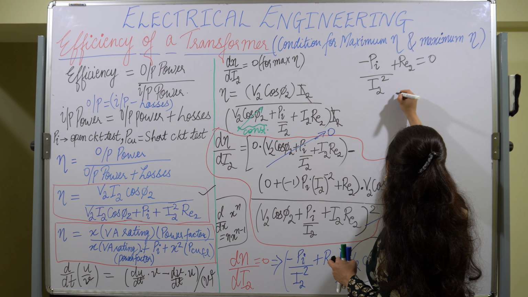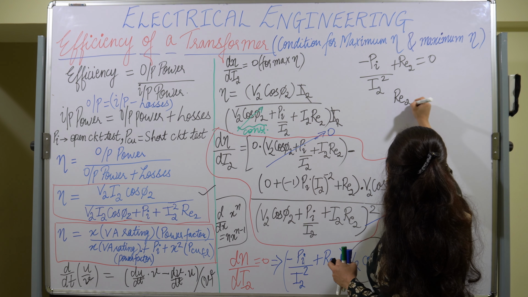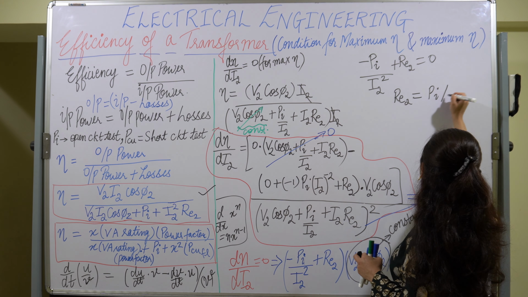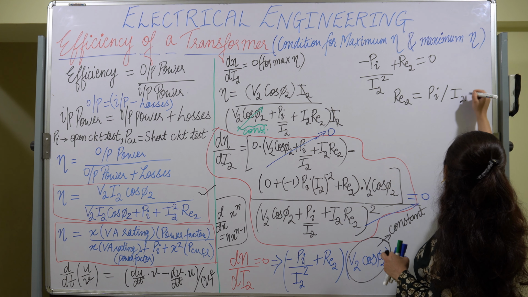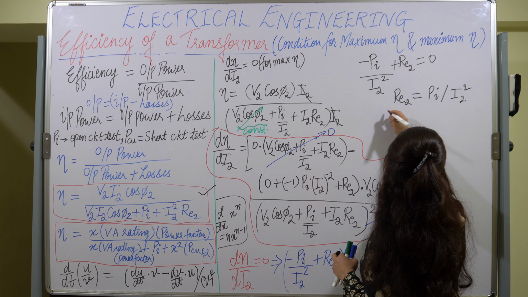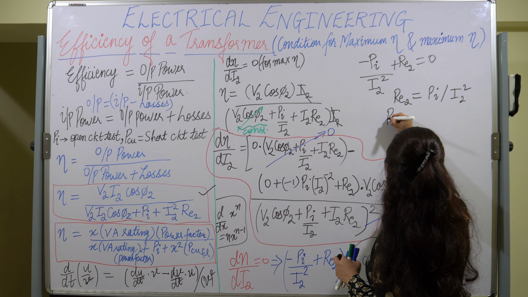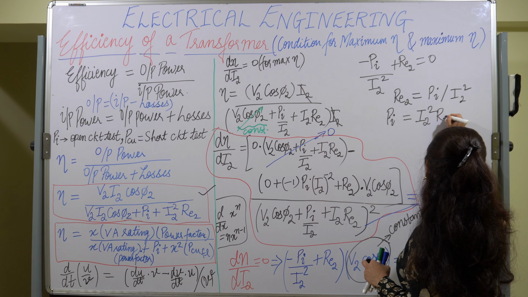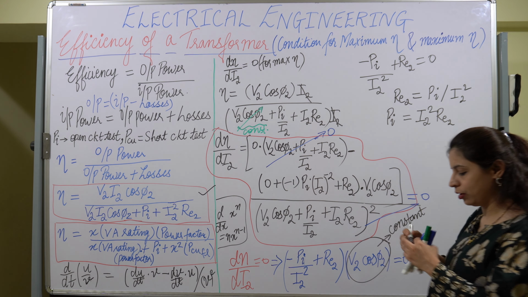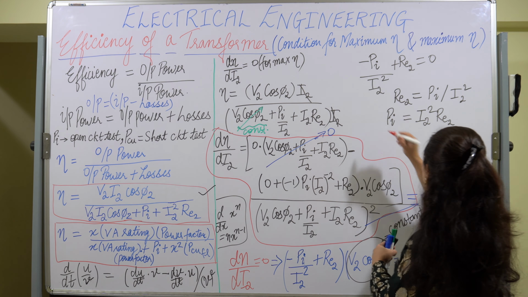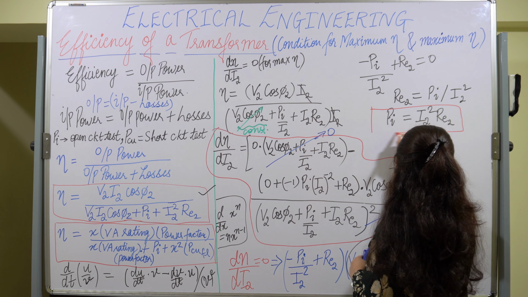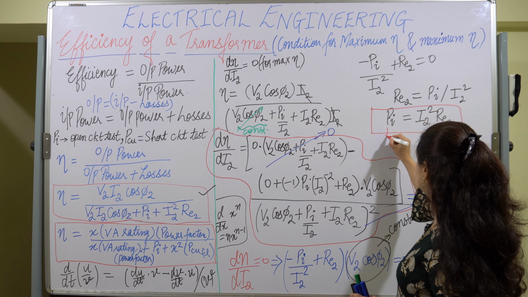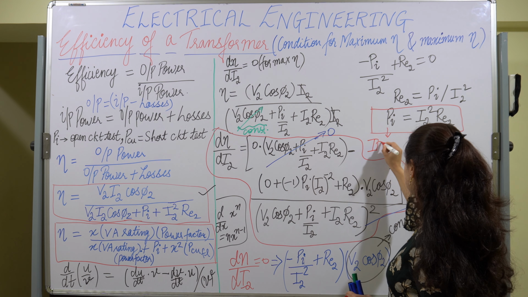So we will be getting over here RE2 is equal to pi upon I2 square. So pi will be equal to I2 square RE2.